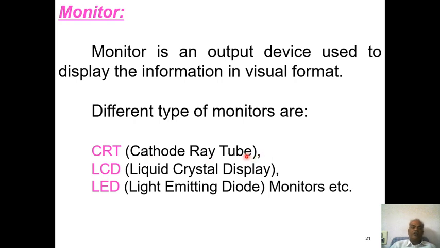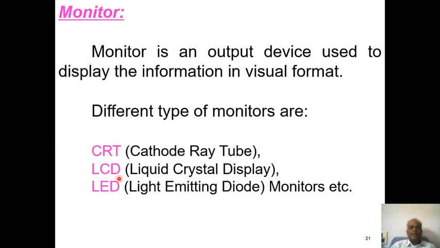Televisions were also CRT, which has a big tube inside the monitor or the television. The tube has X and Y axes. Whenever we switch on the computer system or the television, there is automatically a light glow on the tube. That is called CRT.